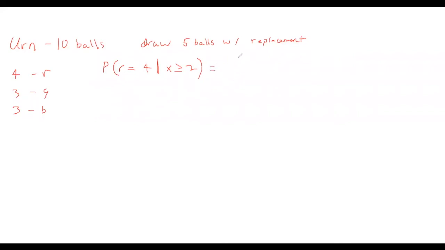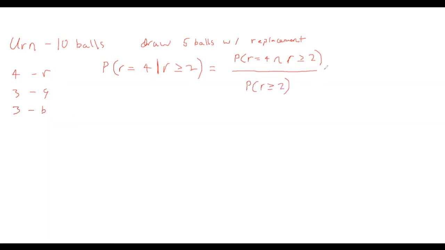Conditional probability will tell us that this is going to be the probability that R equals 4 intersect, oh, my bad, I should keep my variables consistent, this should be red is greater than or equal to 2. So given, intersect red is greater than or equal to 2, over the probability that red is greater than or equal to 2.